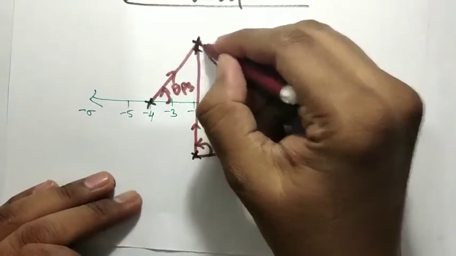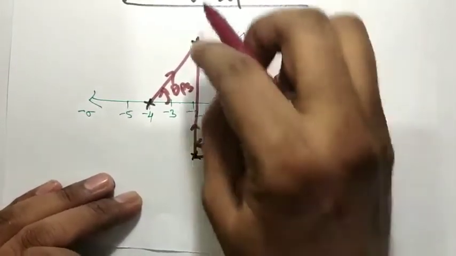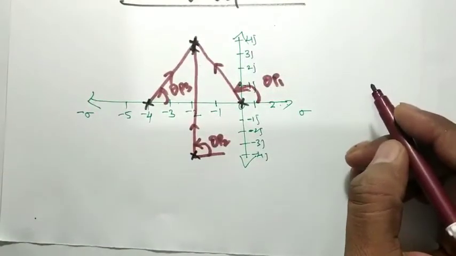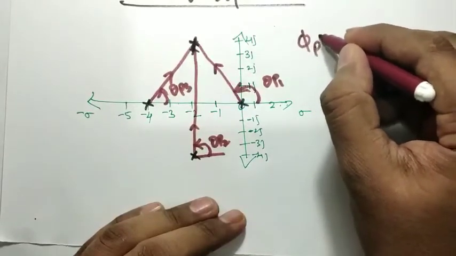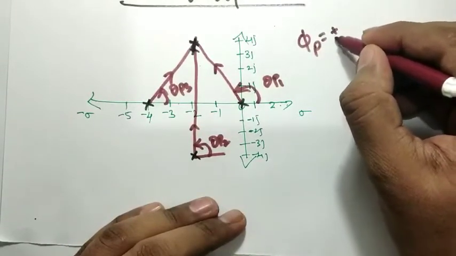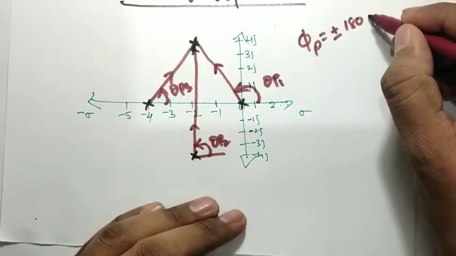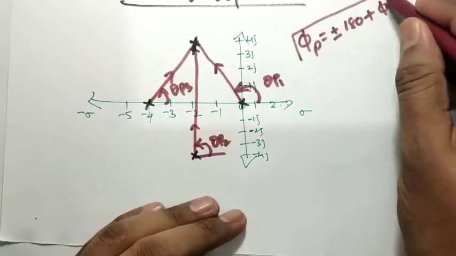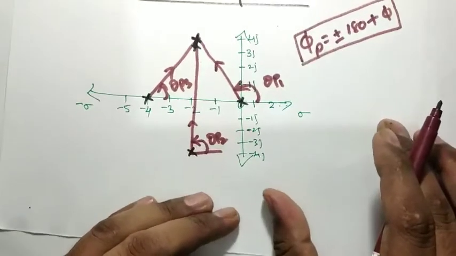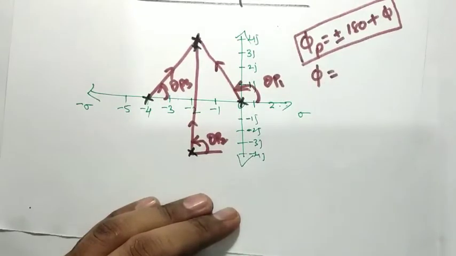At this point you have to find the angle of departure, how this pole is moving, or at what angle the pole is leaving from this point. So how do you find the angle of departure? You already know the equation: plus or minus 180 degrees, that is plus pi, plus the total angle contributed by poles and zeros.